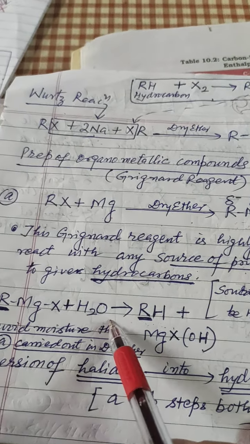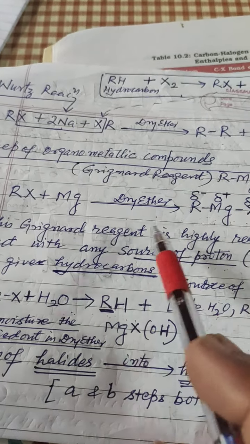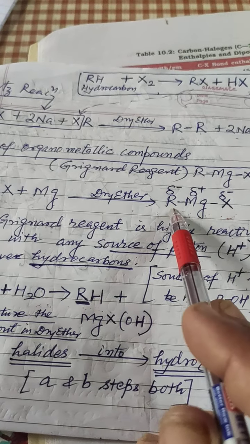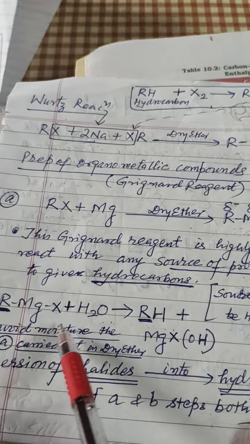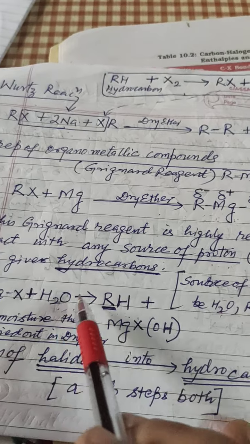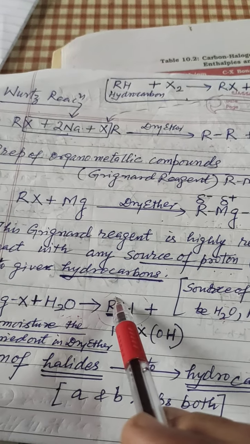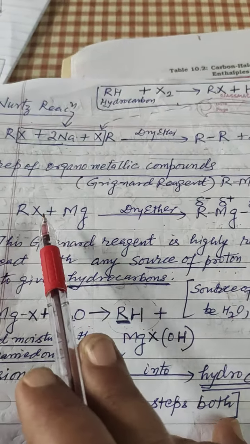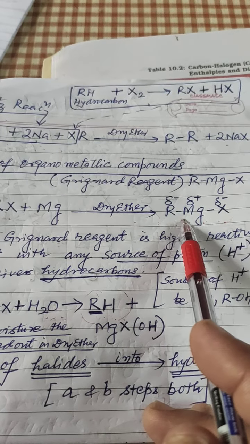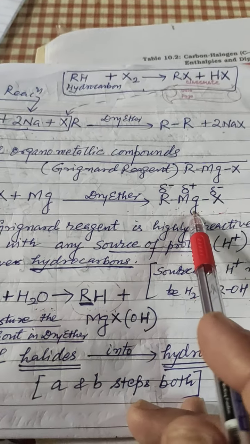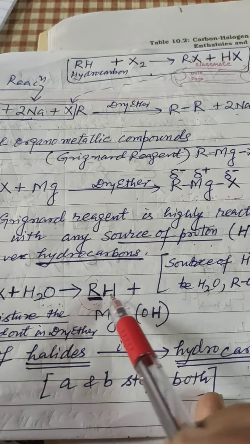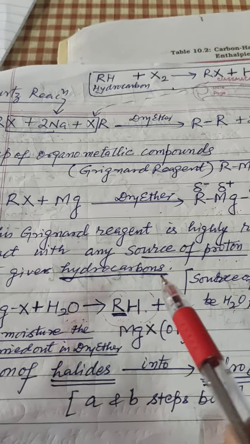As I told you, if moisture is present, then RMgX immediately reacts with water molecules to form RH. So instead of getting Grignard reagent, we will be getting alkane. Thank you.